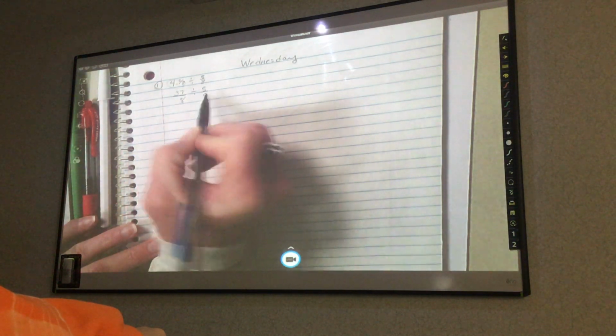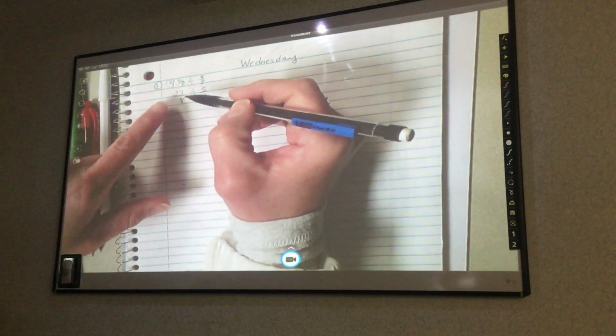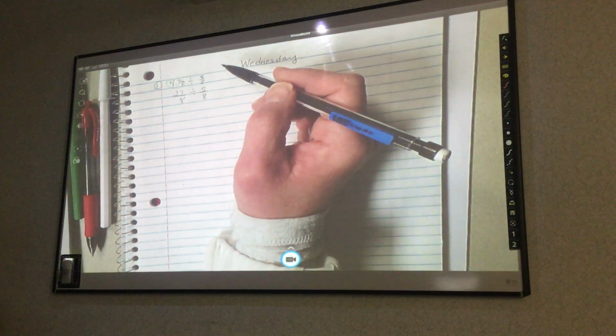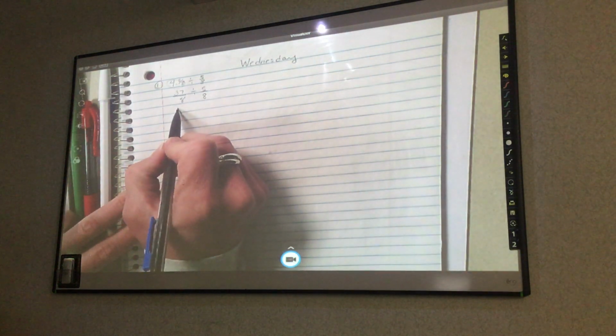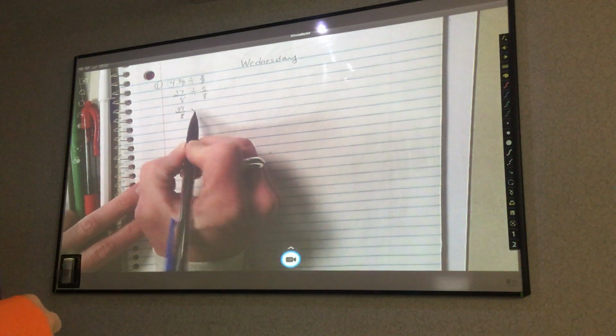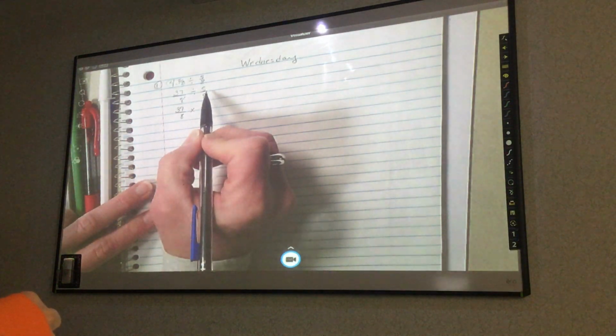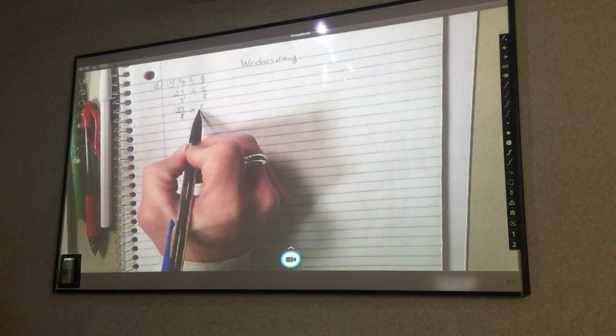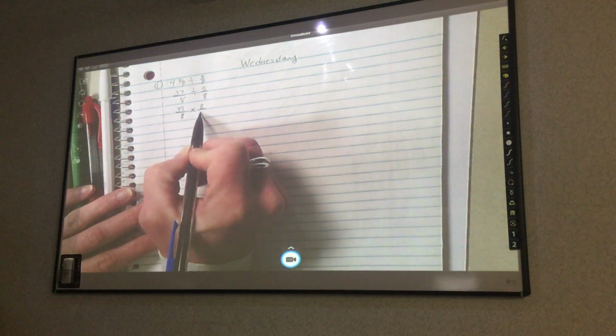I am taking another step. I'm not doing the keep, change, flip all in one step. I want to show the 2 steps. Okay? Then we'll show keep, change division to multiplication, change and flip, or just the reciprocal.